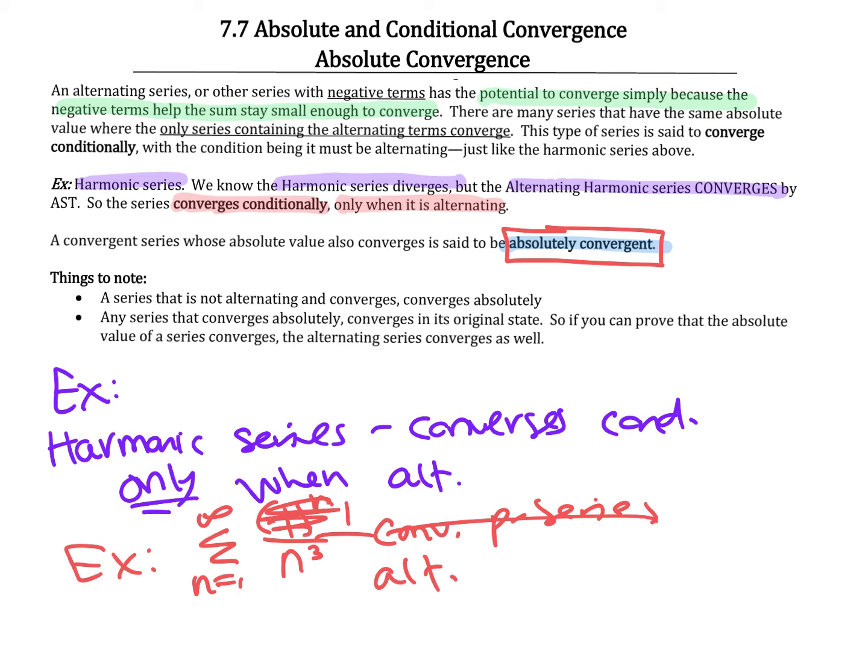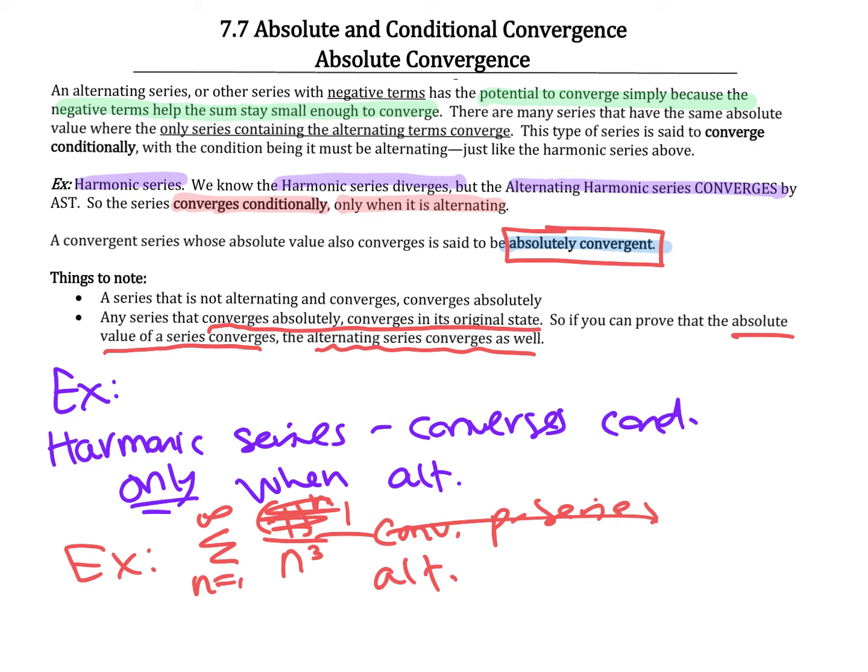What that means is if you can show that a series converges when all of the terms are positive, it also will converge when it's alternating, and you don't necessarily have to prove that. Any series that converges absolutely converges in its original state. So if you can prove that the absolute value of a series converges, or the absolute value of the rule, then you can conclude that the alternating series converges as well.